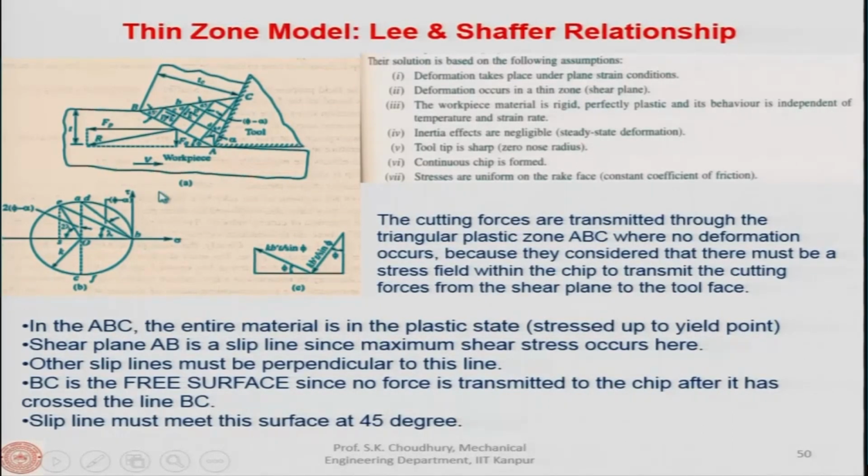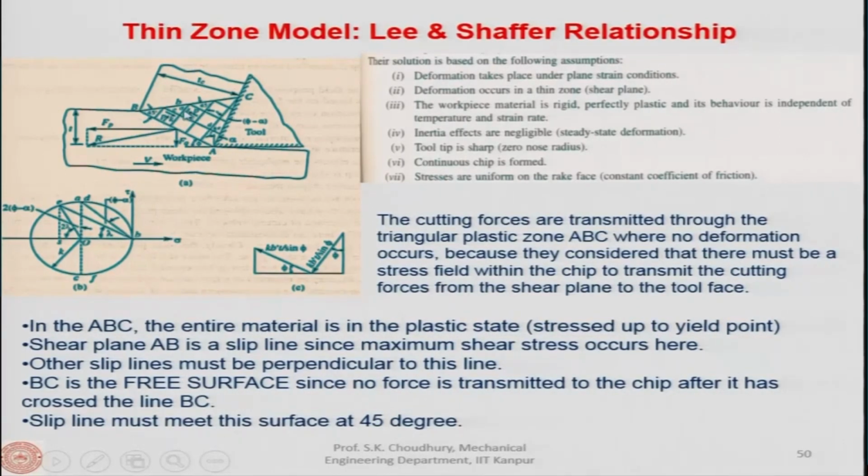This is the theory, and I said that we are not deriving or describing the theory, but according to it, the maximum stress, that is the shear plane, makes an angle of 45 degrees with the free surface. BC is the free surface once again, because no force is transmitted beyond this. Then we designate the parallel lines, as you can see, these are very small letters.